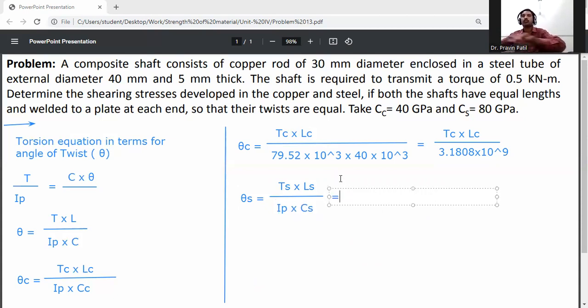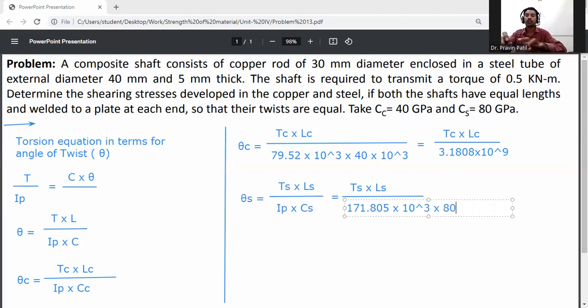So put all these values. TS into LS divided by the polar moment of inertia for steel that we calculated, this one it is 171.805 into 10 raised to the power 3, into CS, it is 80 into 10 raised to the power 3.